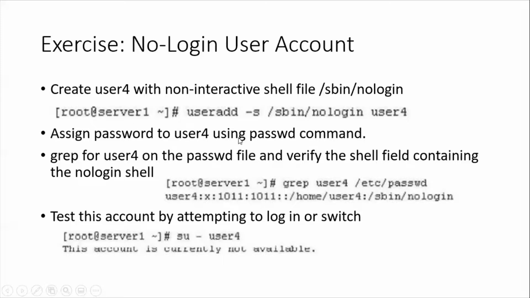We are using the passwd command, and then we will grep the user in the passwd file, and we can see the user is here. Then we will try to switch to the user to attempt to log in. So let's do it. So useradd -s /sbin/nologin.